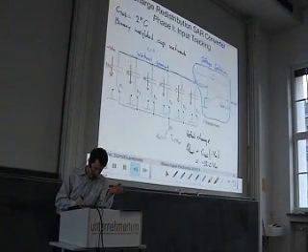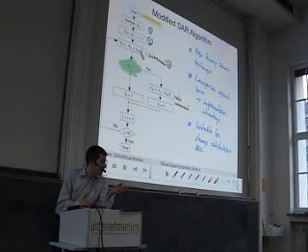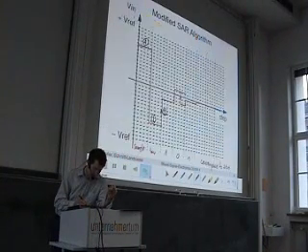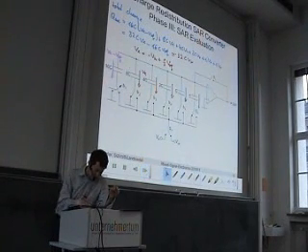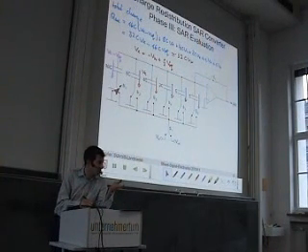Let me go back. One step was to say we add Vref over 2, and then we check for the sign. Okay? This is what we have done now. We toggle this switch here. By doing this, we add Vref over 2.